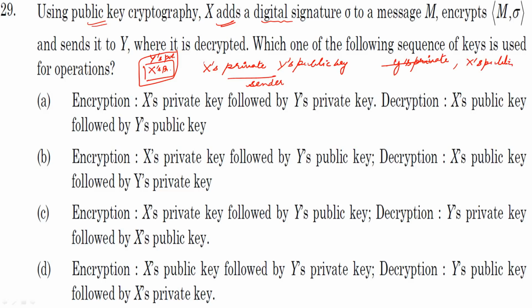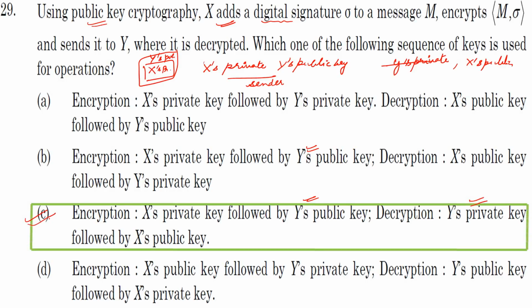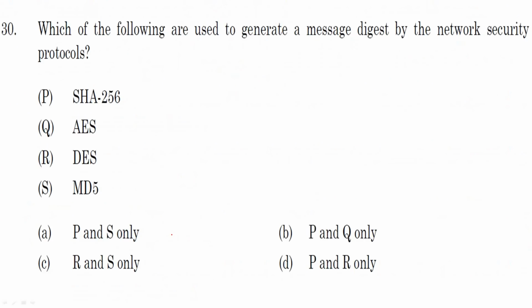So X private key is the first one, followed by Y's public key, then Y's private key, followed by X public key. So our answer is C. Okay, next question.